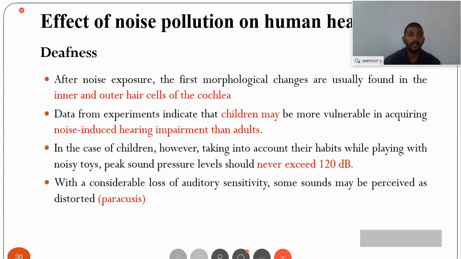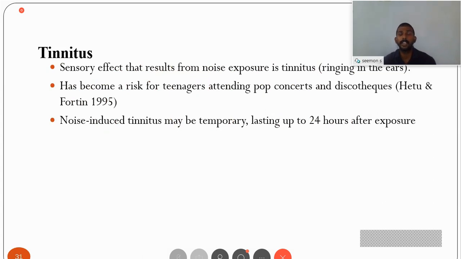Then next comes tinnitus, which is a sensory effect. When we are exposed to high noise, our ear may make sounds like ringing for some time.